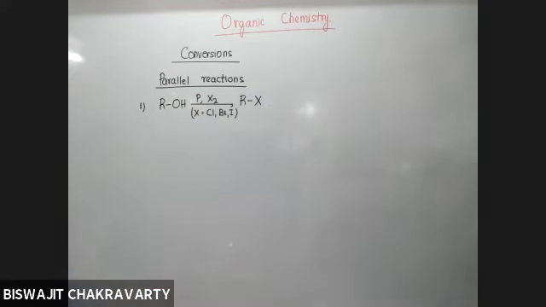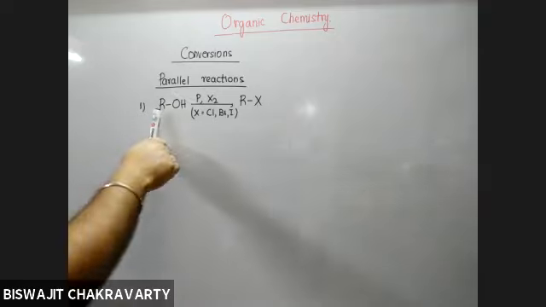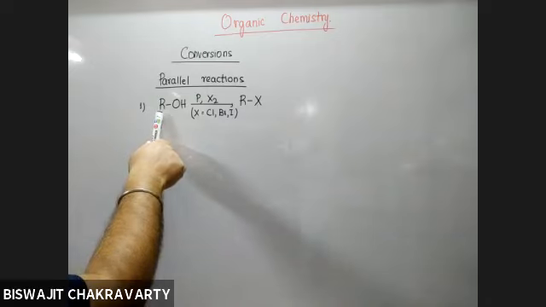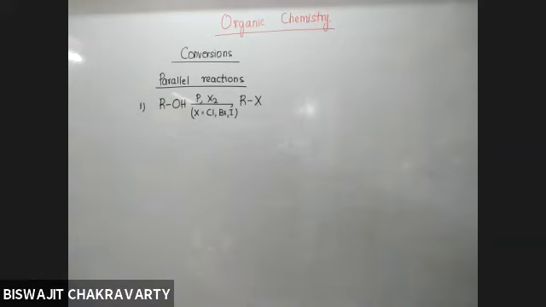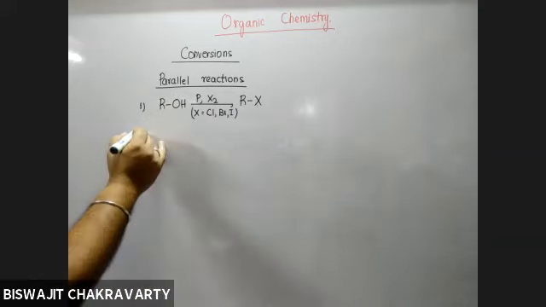Is it step up or a parallel reaction? Look at the number of carbon atoms. Is it increasing? No, sir. How do I know the carbon atoms are not increasing? Because it was R prior to the reaction, and after the reaction also it is R, isn't it? So it is a parallel reaction.